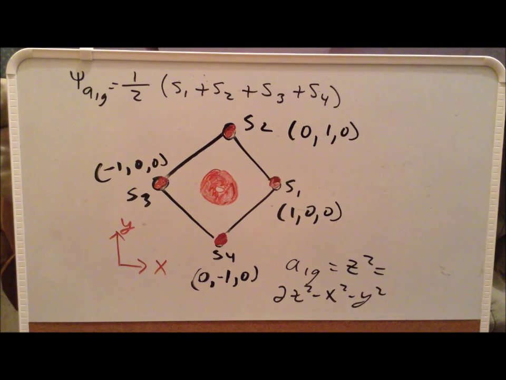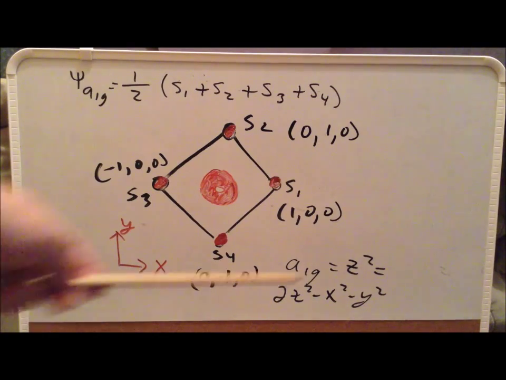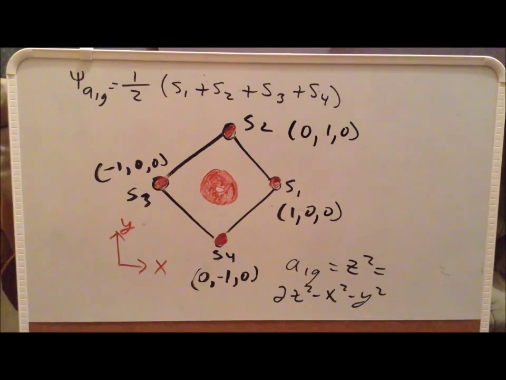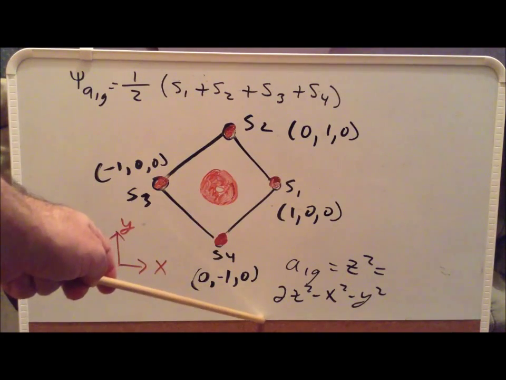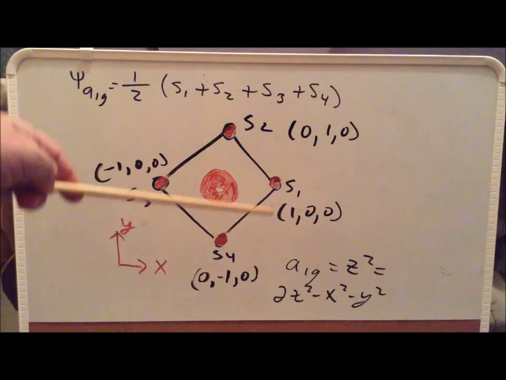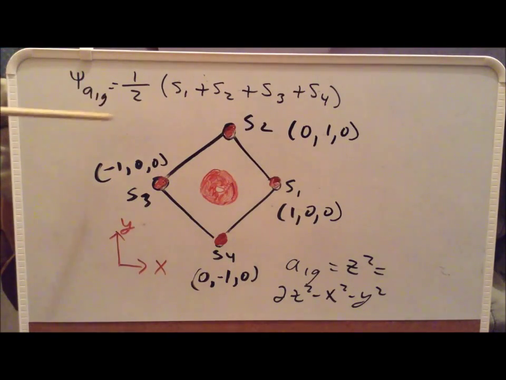But we have a way to get around that by recognizing that z squared is just a shorthand for an orbital that's more accurately described as 2z squared minus x squared minus y squared. If we plug the coordinates into this particular function, we notice that for all of the sigma orbitals here, the coefficient ends up being a minus 1.